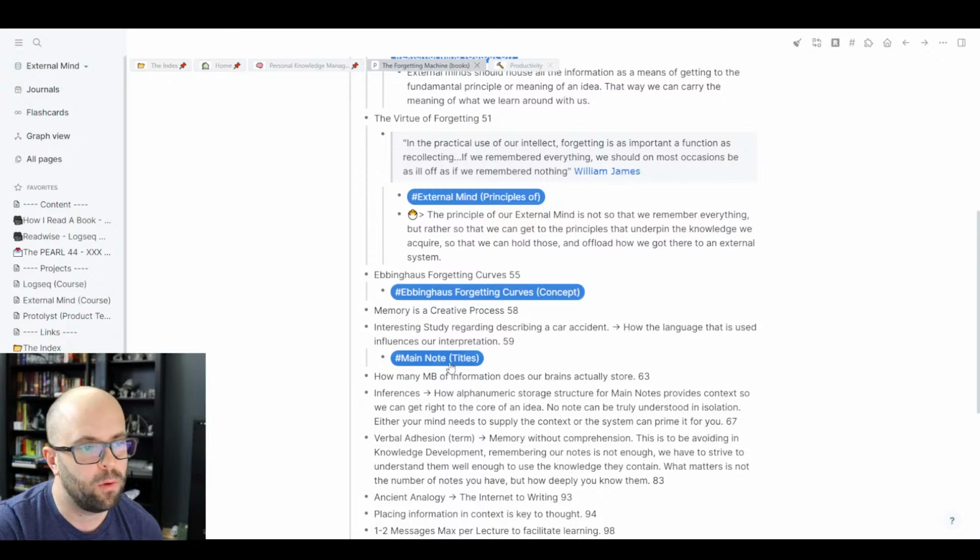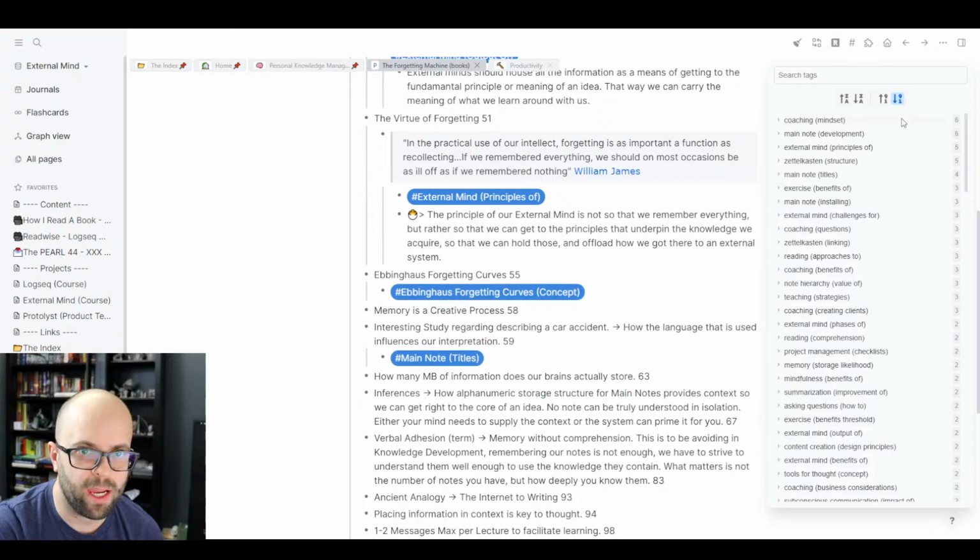Well, one thing I'll show too, I use the tags plugin for Logseq. Because I am tagging all of these ideas, if I open up my tags pane, I can see all of the tags, and I have them sorted by which ones are my most used.